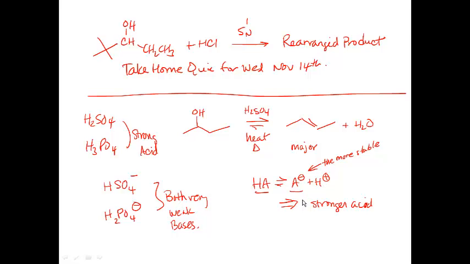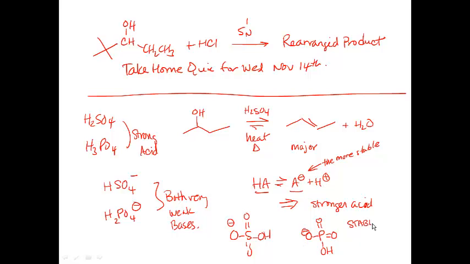So what makes HSO4- and H2PO4- very stable anions? Well, if we draw the Lewis dot structures of them, we're going to find something like this, or something like that. Why are these very stable?